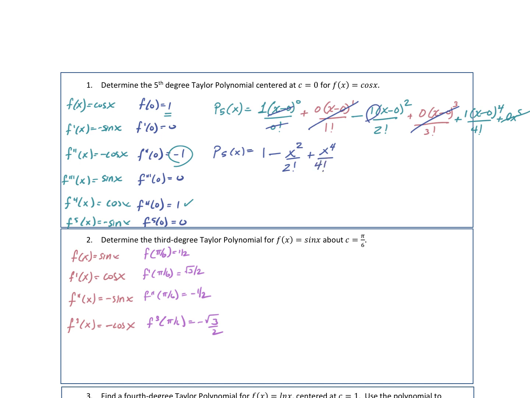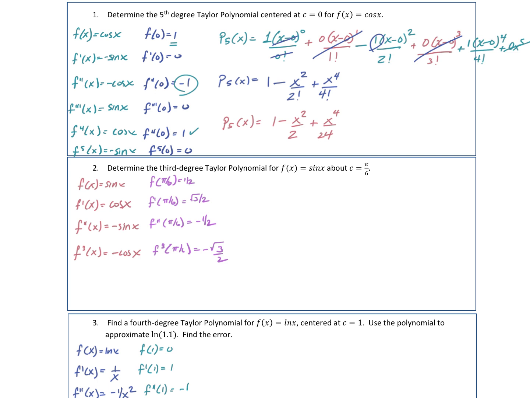I know you guys are going to ask me 10,000 times, do we need to reduce? It's up to you. 100% up to you. You'll see on the AP exam, sometimes it's beneficial to reduce, sometimes it's not. So it's okay to leave factorials as factorials for the AP exam. You will get full credit for that. But I did simplify it. So P5 of x, we get 1 minus x squared over 2 plus x to the 4th over 24.